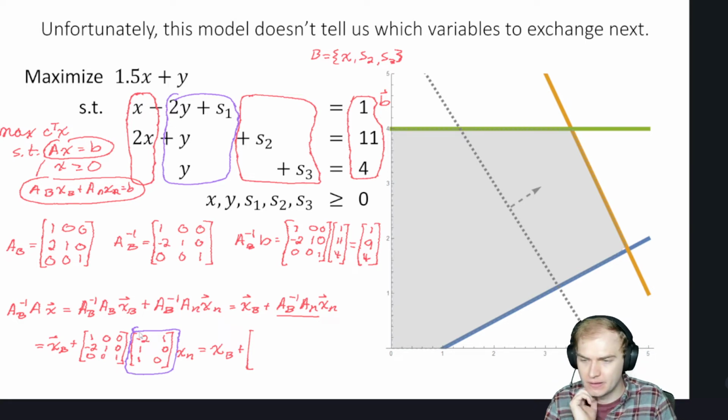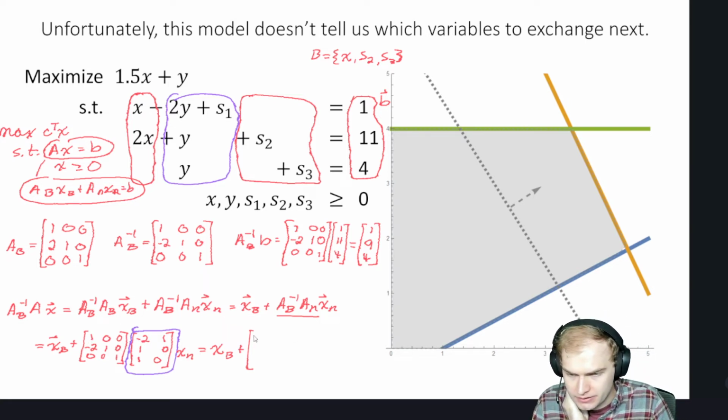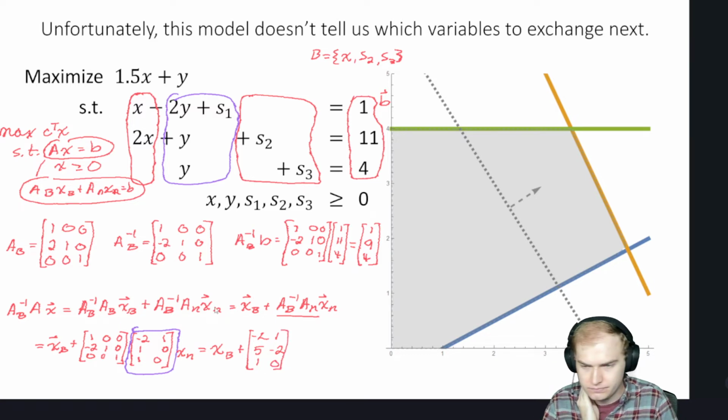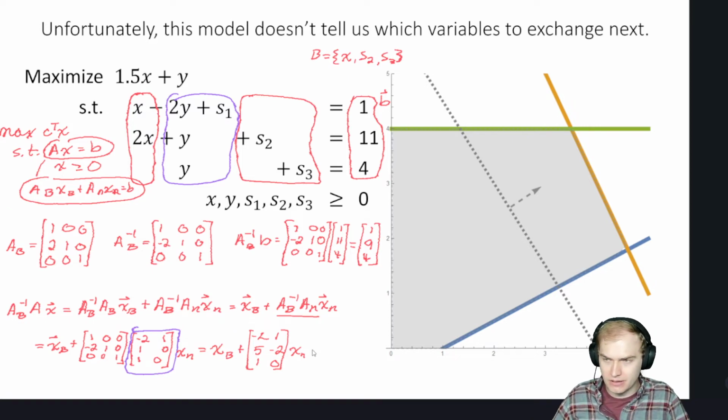Yes. So that is negative 2, 1. Negative 2 times negative 2 is 4, plus 1 is 5. Then 2 times 1, 1 times 1, and 0 times 1 times XN. XN being our non-basic variables.